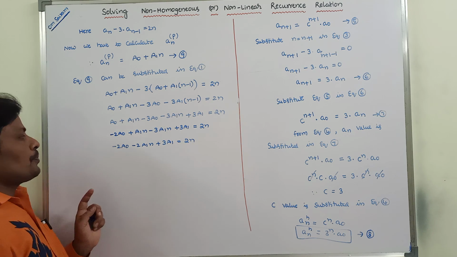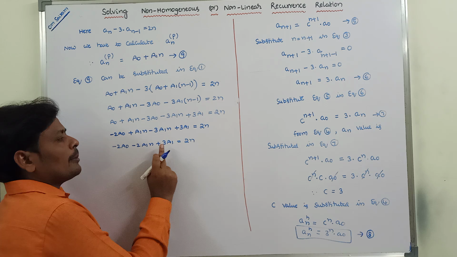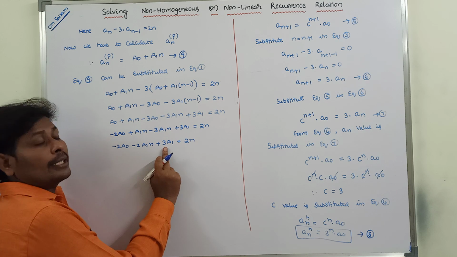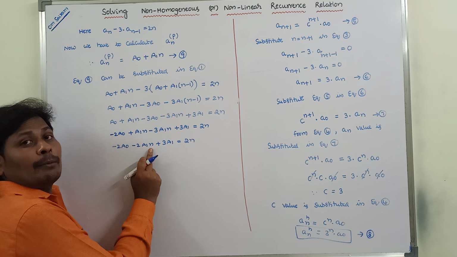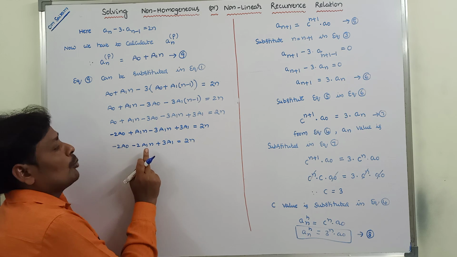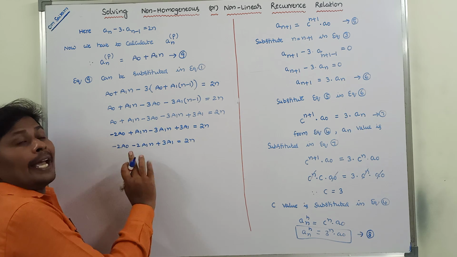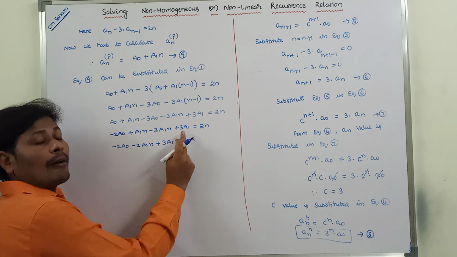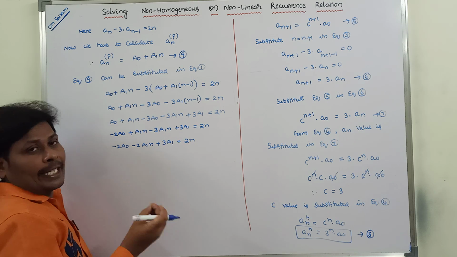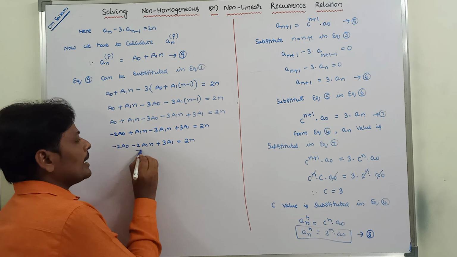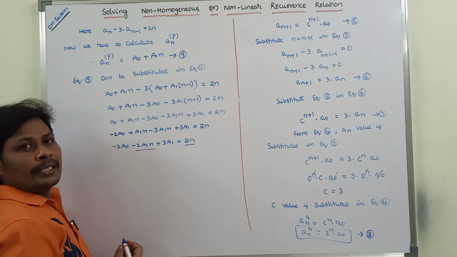Okay, here minus 2a naught plus 3a1 is nothing but the constant term and minus 2a1n is nothing but the nth term. We have to equate the nth term. Here 2n is also an nth term.